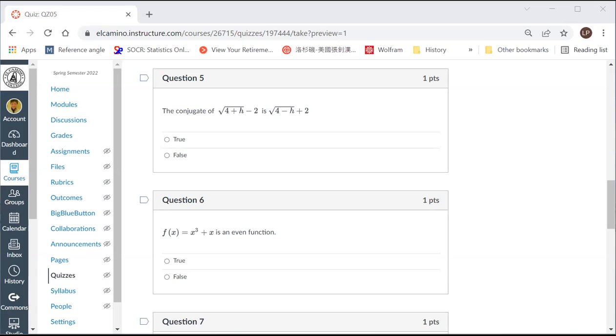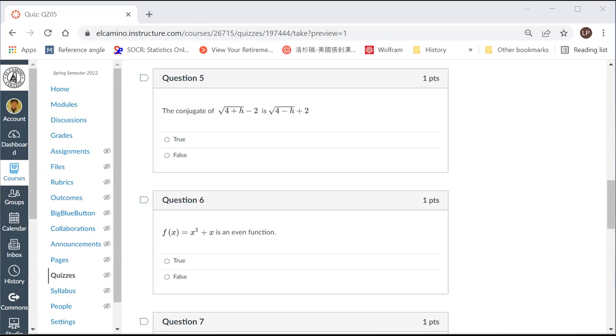Those questions are square root of 4 plus h minus 2, right? And the other one is square root of 4 minus h plus 2. Are they conjugate to each other?